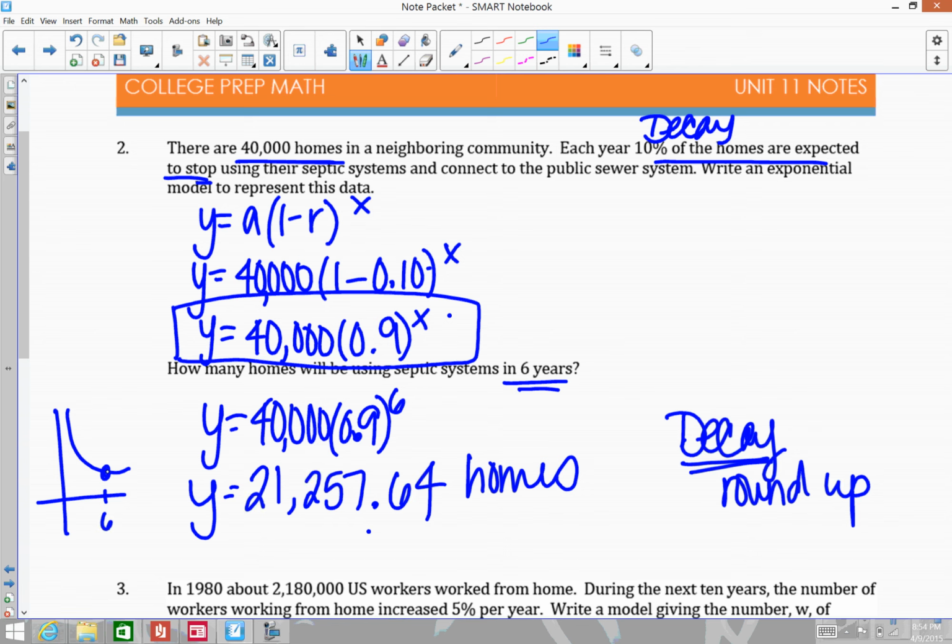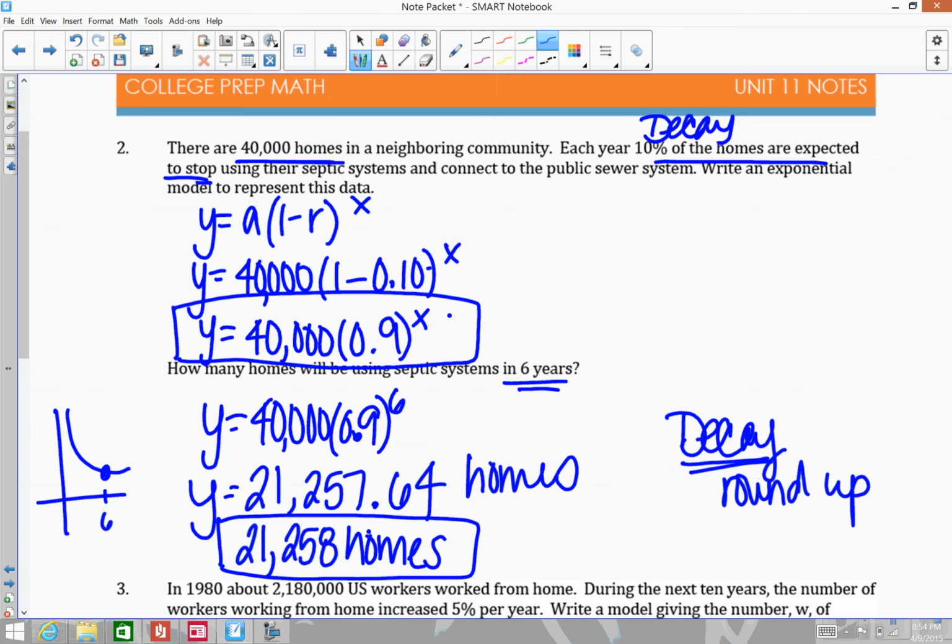So you still have to go with the higher number. So the answer to this is there's 21,258 homes that will be using the septic system still. Because we're not quite at dropping at one home yet. We can't just get rid of that. We can't count 0.64 as a whole entire house.